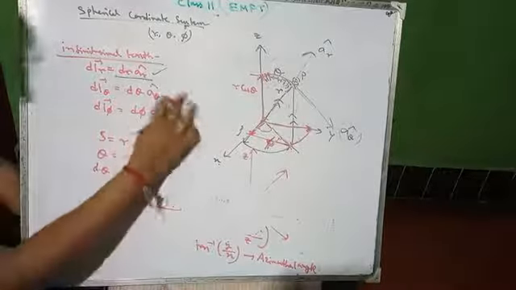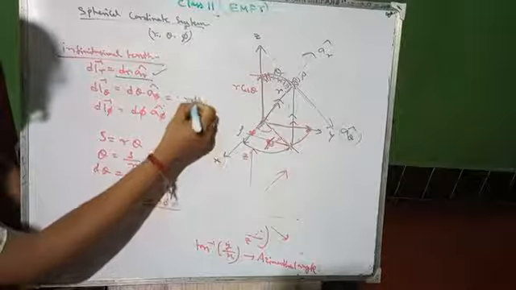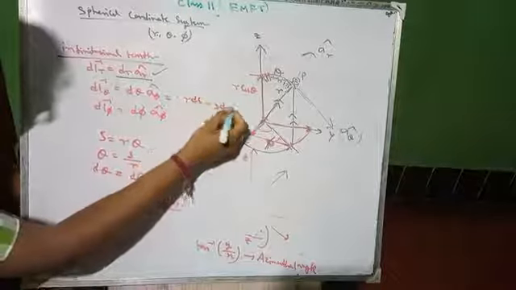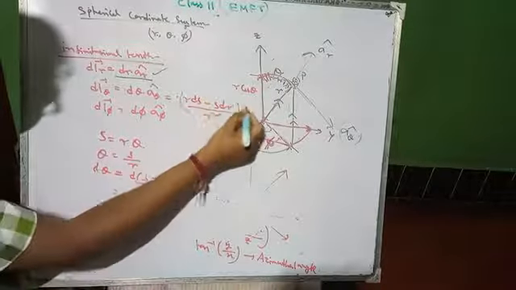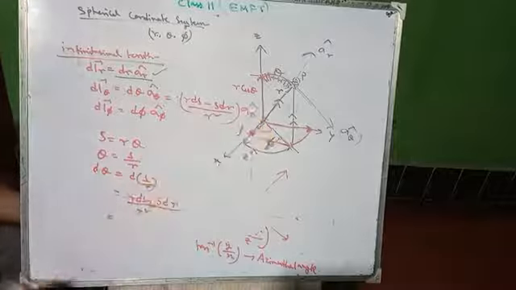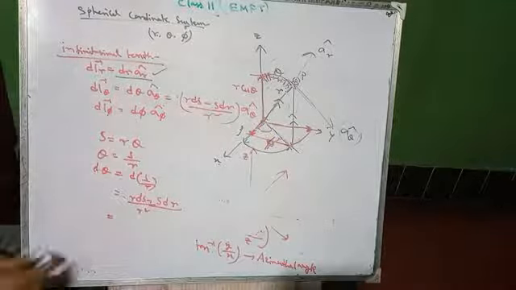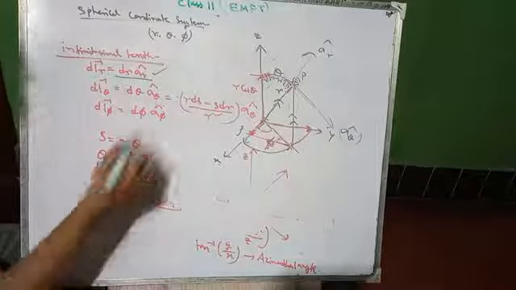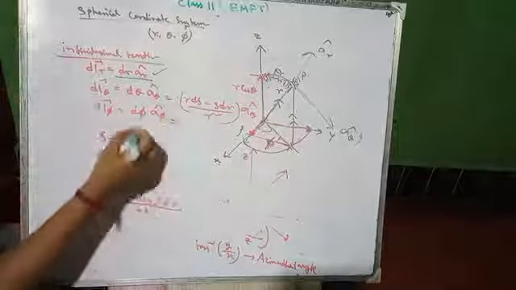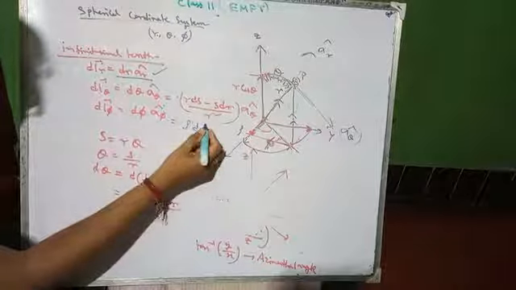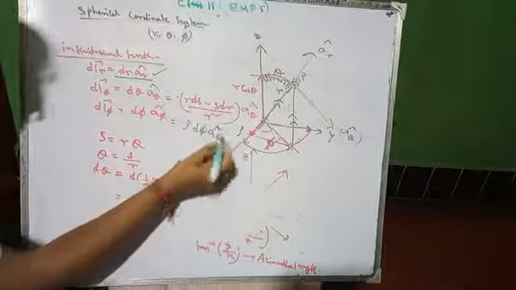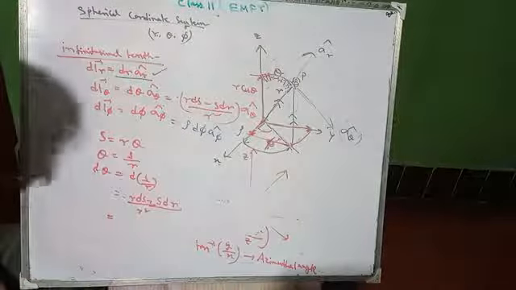So d theta can be represented as r ds minus s dr by r square into a theta cap. It is clear. And d phi equals rho d phi a phi cap.